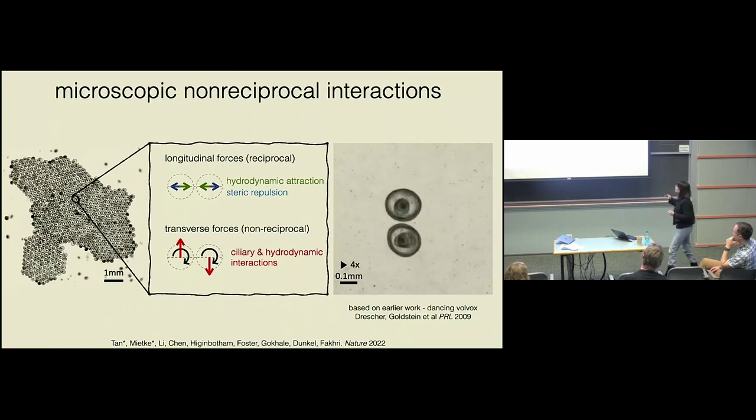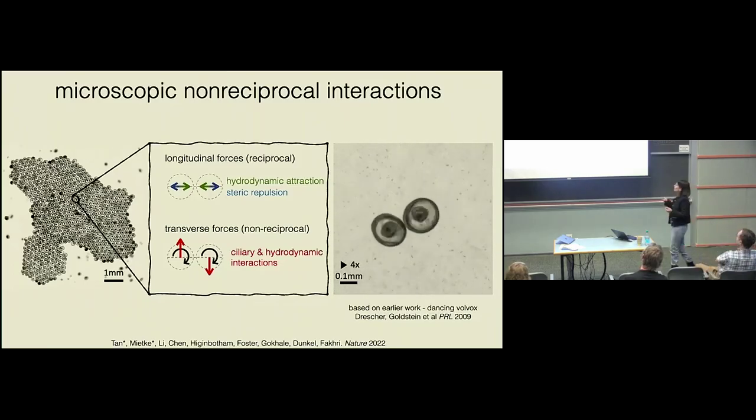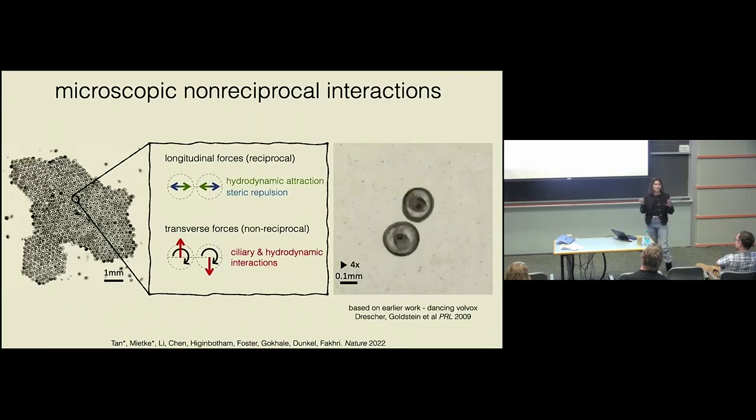But then you can also note that as they come together at the interface, we have ciliary interactions and hydrodynamic interactions, and that results in a second transverse force at this interface, which cannot be ascribed to a potential energy.